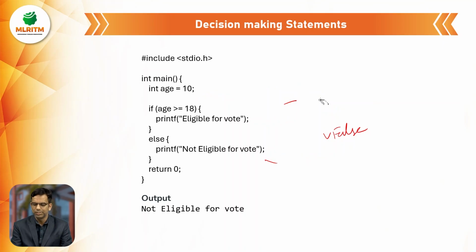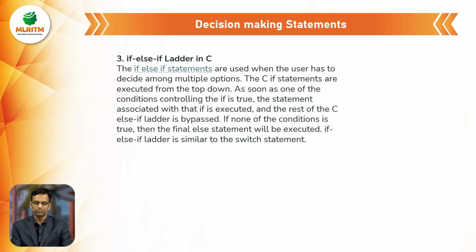Clear? So in simple if, there is only one condition and one statement, whereas in the if else statement, there is one condition and two statements. One statement is for when the condition becomes success and another for when it becomes failure. Then the third one is the if else if ladder statement.